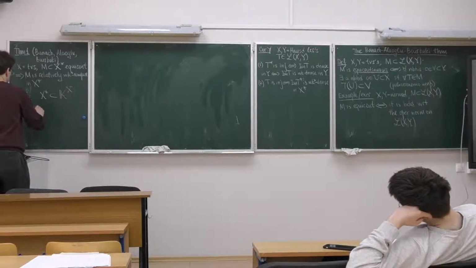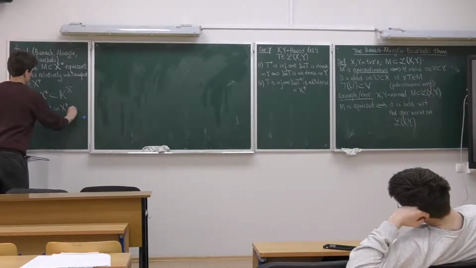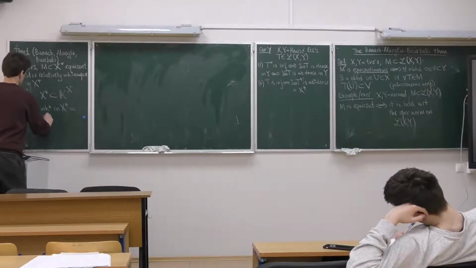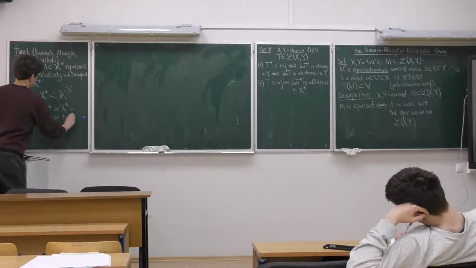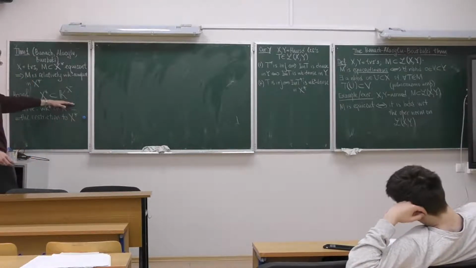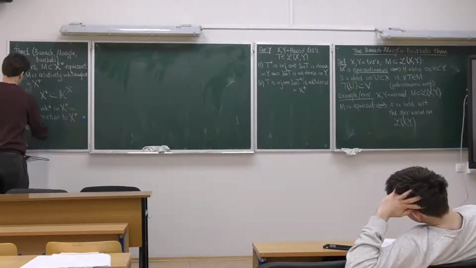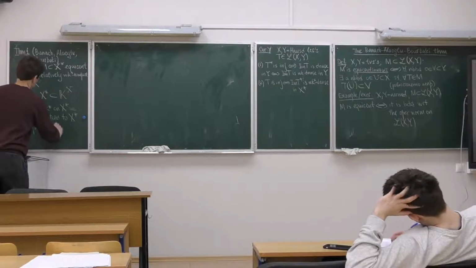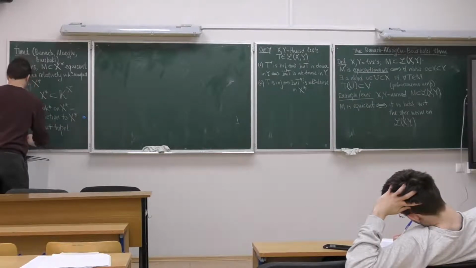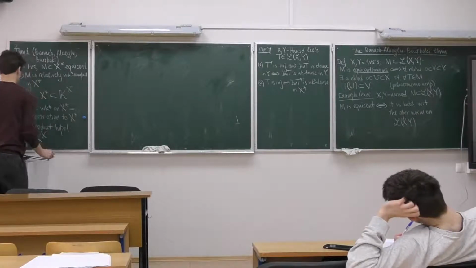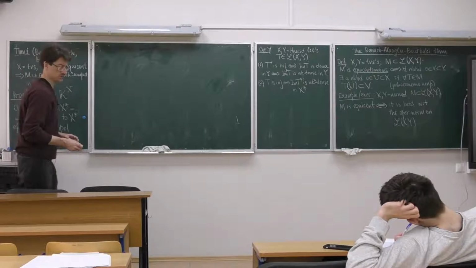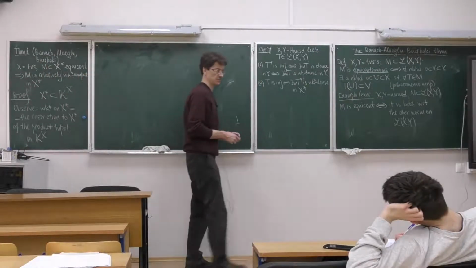And let's observe that the weak star topology on the dual is nothing but the restriction to the dual of the product topology on k to the power X. So if you recall the definition of the product topology, you can also recall that it is given by a family of seminorms.